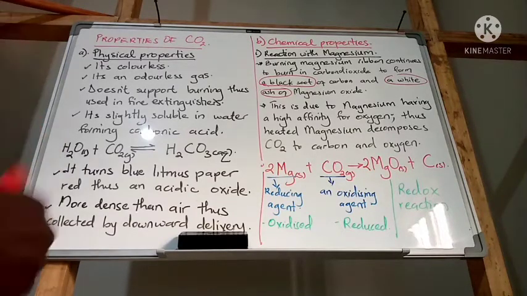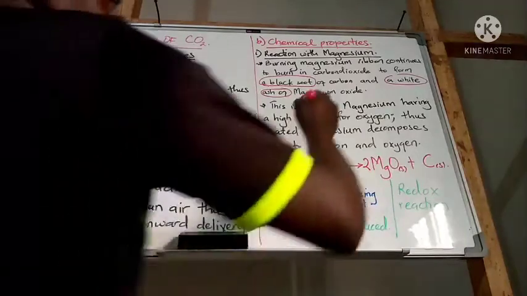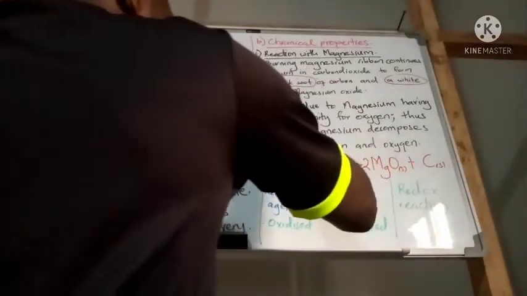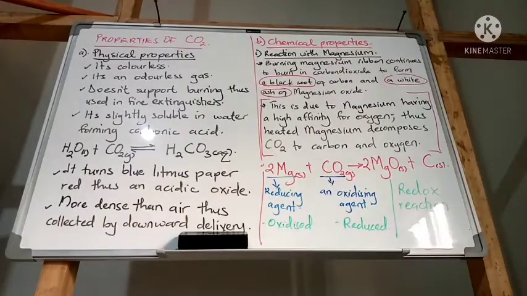If we say explain your observation, the explanation is in this paragraph. That's why magnesium reacts with carbon dioxide. So try to make sure that it's not only looking at the matter, the content, but how do we apply it when it comes to question approach.